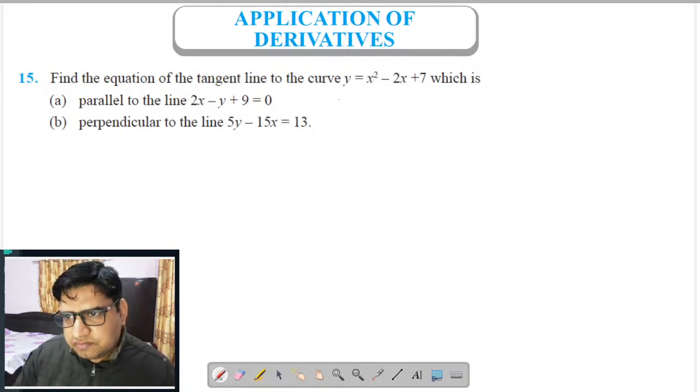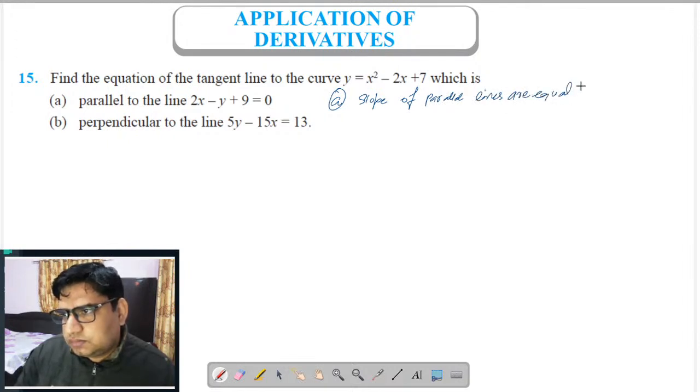So we'll start from part A. We'll simply write: slope of parallel lines are equal.